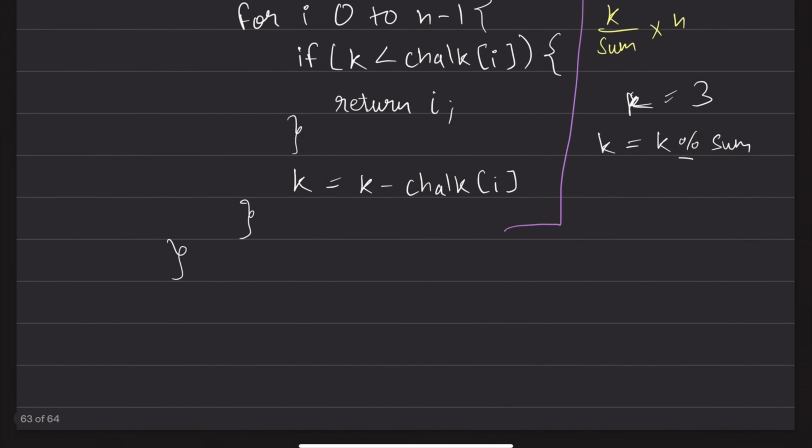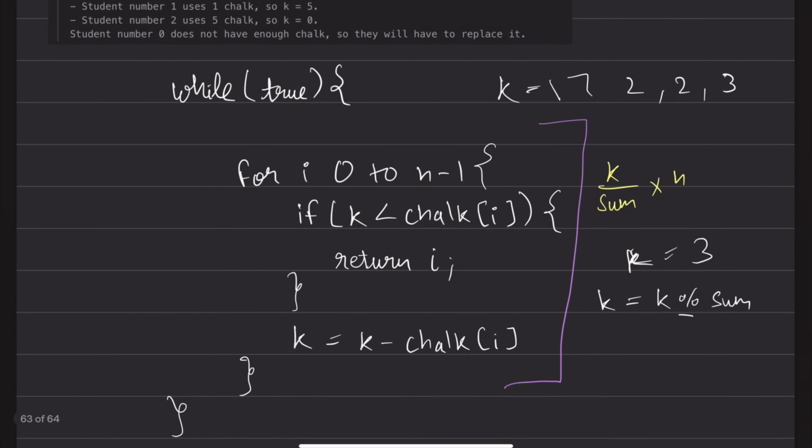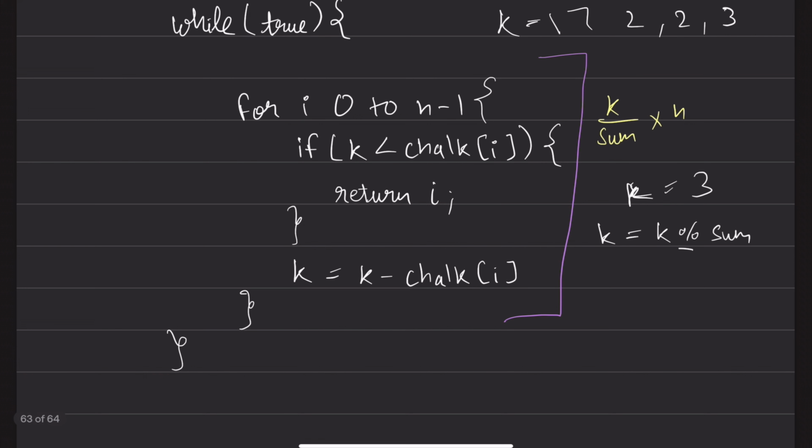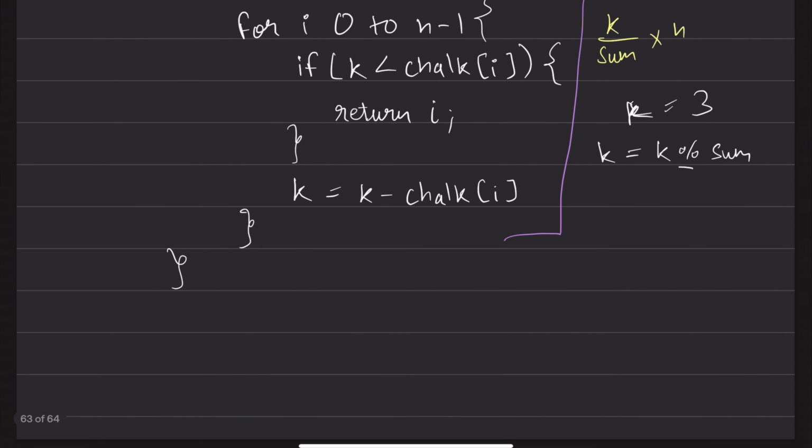So if I maintain the count of chalks consumed till each student, if we just go through this test case only, where k is 17 and the count of chalks required by each student is 2, 2, and 3, and I maintain a prefix sum array, the prefix sum till the first position will be 2, till the second position will be 4, till the third position will be 7.